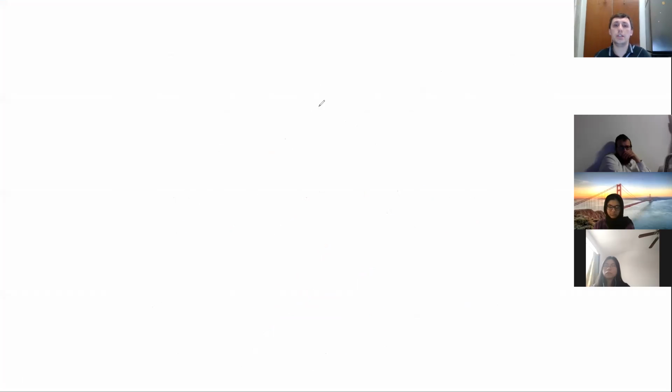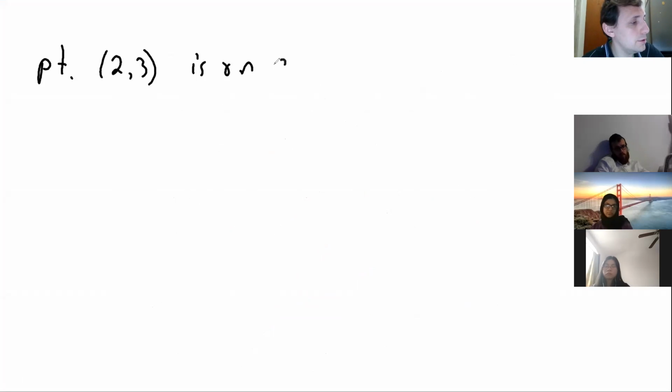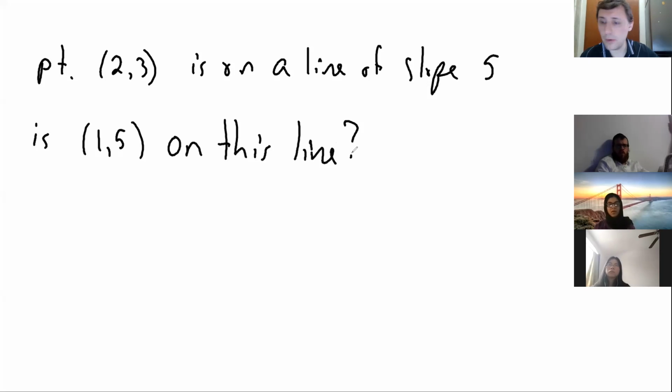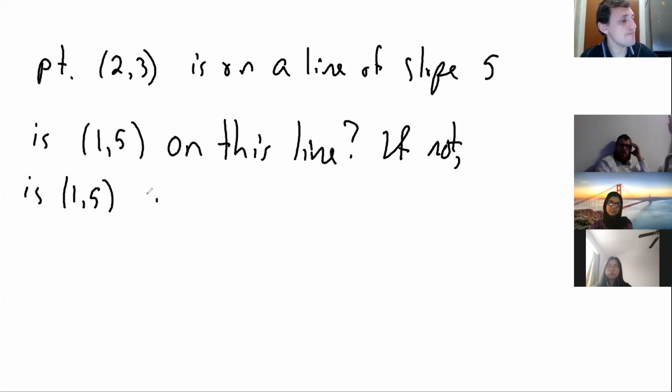Tell me please: if the point (2, 3) is on a line of slope 5, is the point (1, 5) on this line? If not, is it above or below?